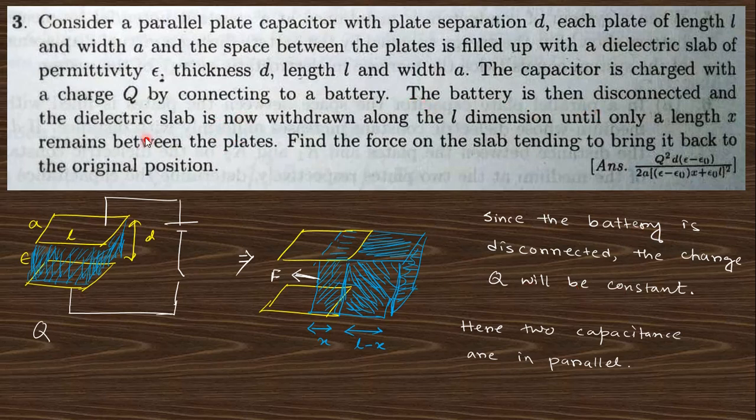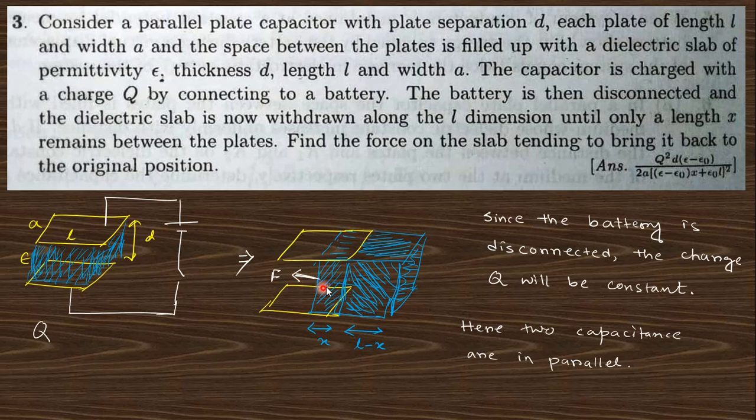The battery is disconnected and the dielectric slab is now withdrawn along the L dimension until a length x remains between the plates. So the dielectric within the plates is x and the remaining part is outside the plates. Find the force on the slab to bring it back to its original position.